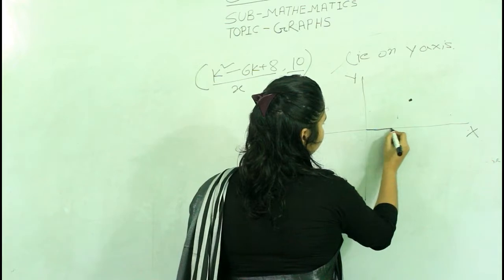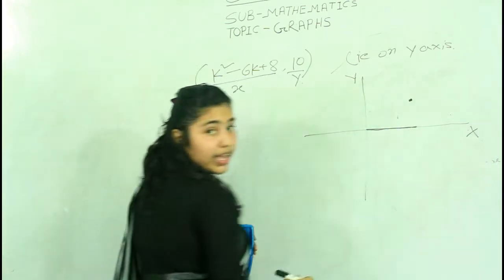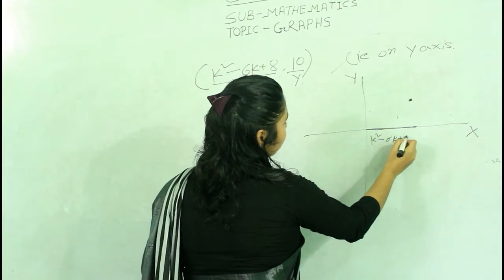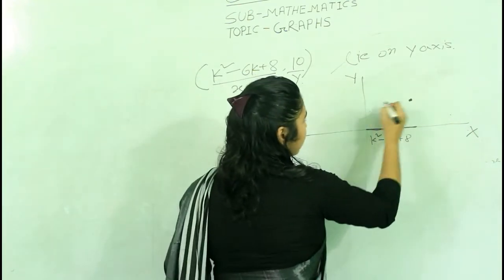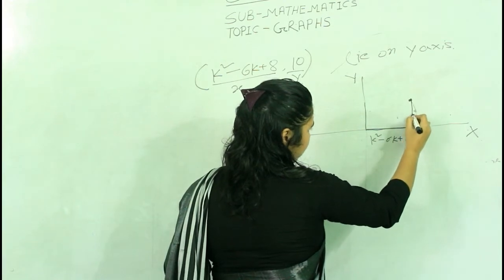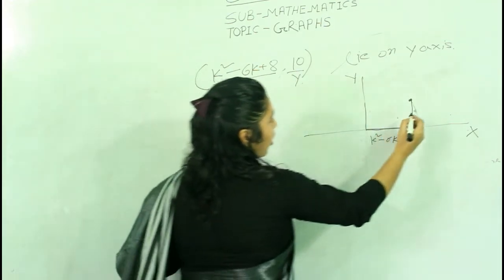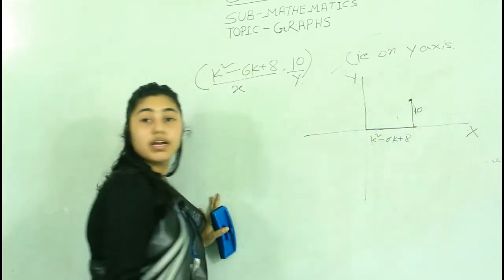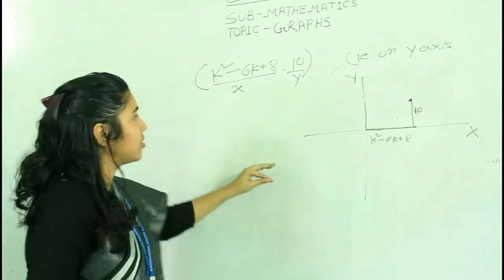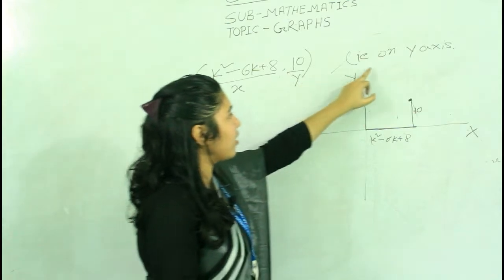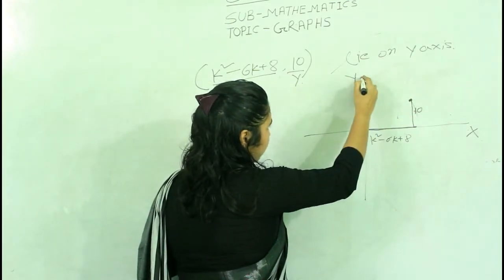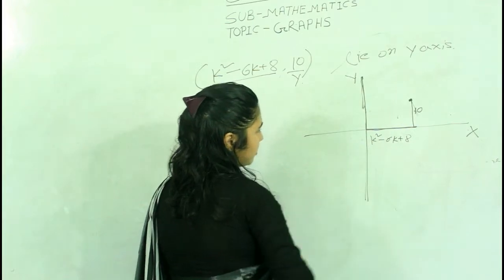Then this is the coordinate of x, which is k square minus 6k plus 8, and this distance is the coordinate of y, which is 10. Now, in our question, this point lies on the y-axis.